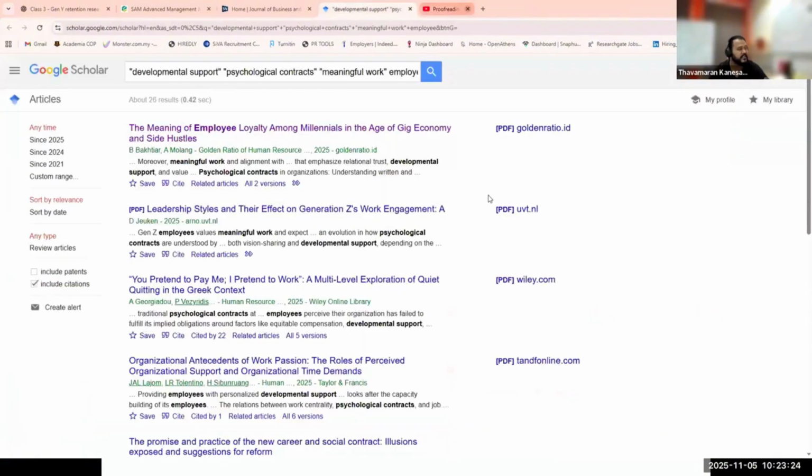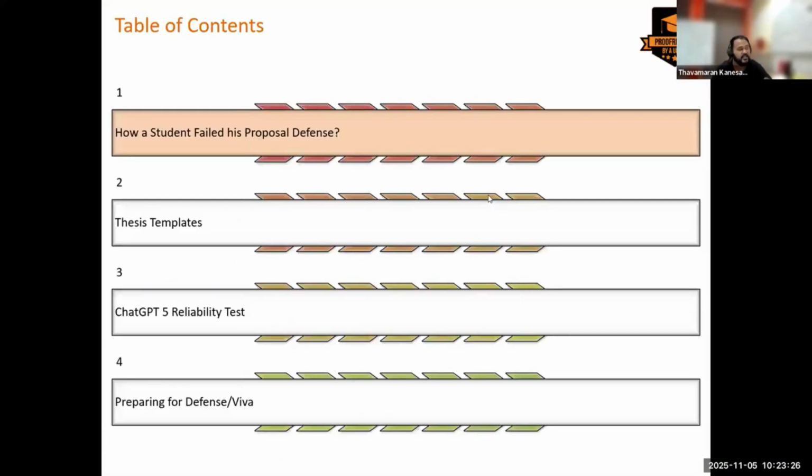So today we're going to cover 4 different areas. We're going to look at how a student failed his proposal defense by using ChatGPT, DeepSeek, and if I'm not mistaken, Site AI or SciSpace. There's just too many names, too many tools, right? So these 3 were primarily used.